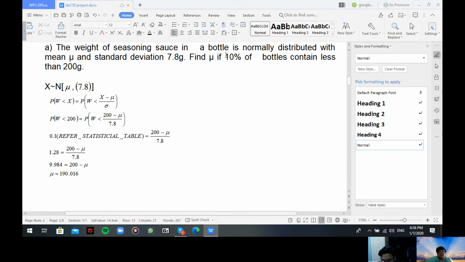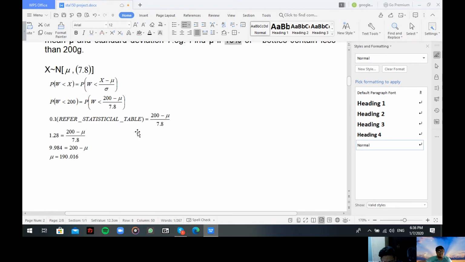The question gives 10%. If you change this 10% to a decimal, you will get 0.1. From here you need to refer to the statistician's table. I'm so sorry because I didn't give any picture of the statistician's table, but I think you have one.